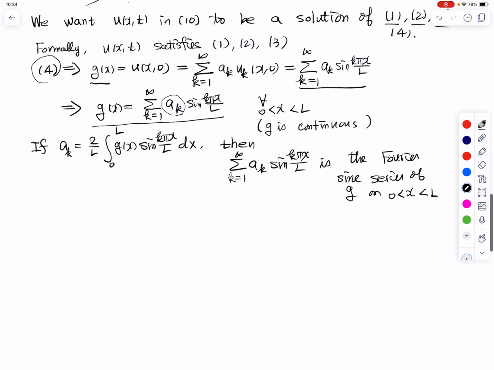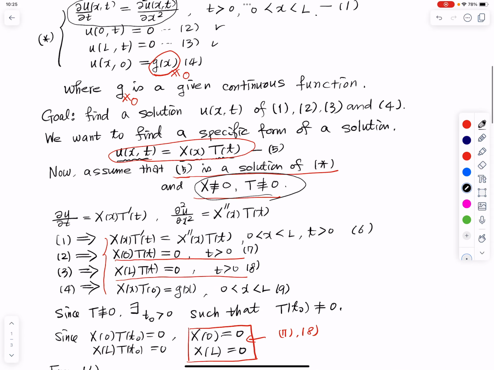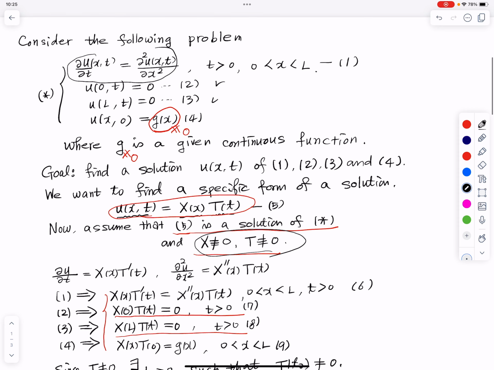Okay. Then we assume that g is continuous. Let me assume more. Also, I assume that g prime is piecewise continuous.